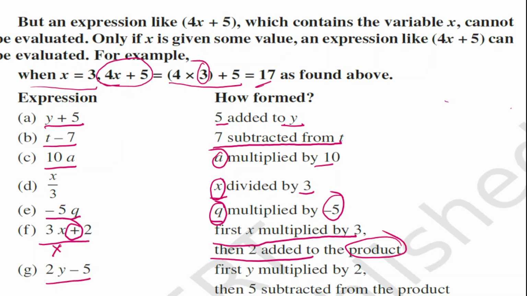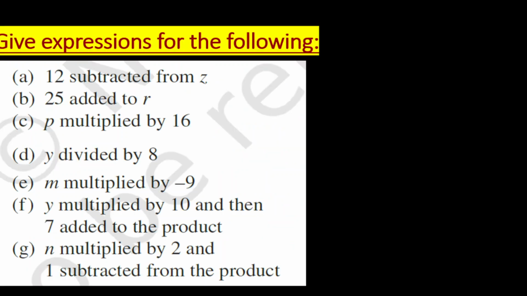And 2y minus 5 also has two operations, one multiplication and another subtraction. It is formed by multiplying the variable y by 2 and then subtracting 5 from the product 2y. This is how we can understand expressions.